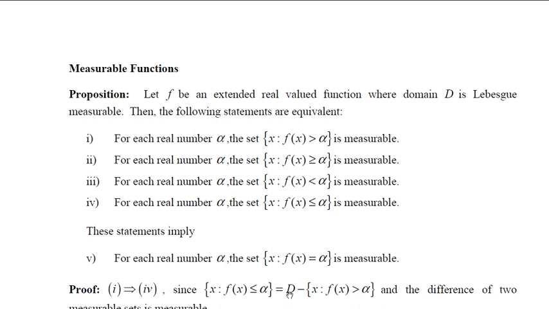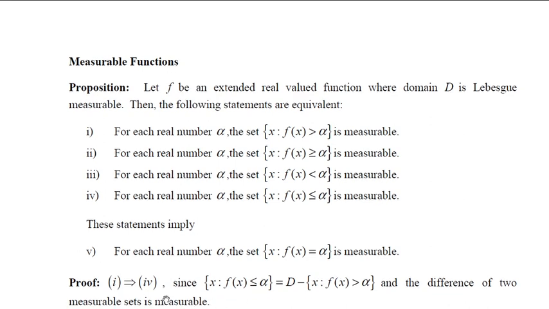Since D is Lebesgue measurable, and this set is also measurable, and we knew that the difference of two measurable sets is again measurable, therefore this set is also measurable. This completes the proof. Similarly, we can show that 4 implies 1.